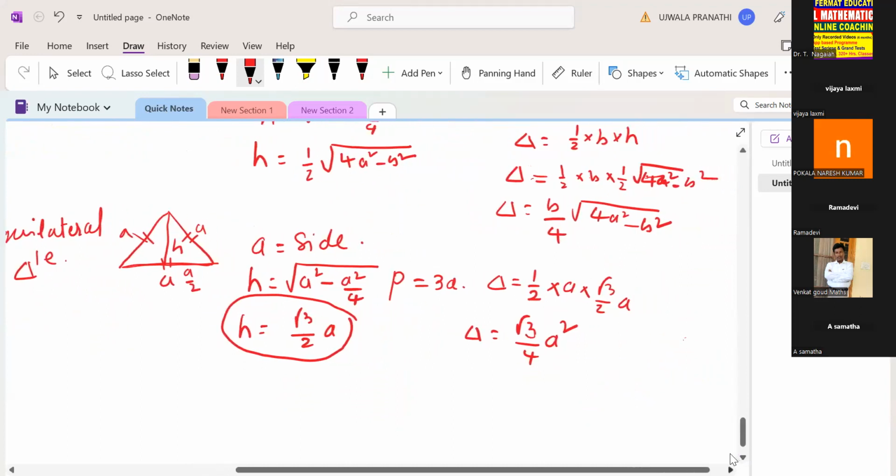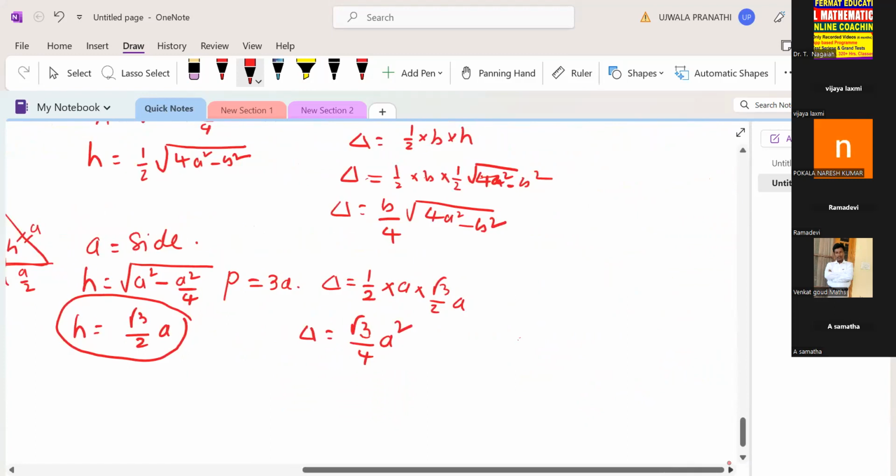So here another important information, H is equal to root 3 by 2 A. Now A is equal to 2H by root 3. Now if side is given, then the area of equilateral triangle is root 3 by 4 A square. But when H is given, delta is equal to root 3 by 4.